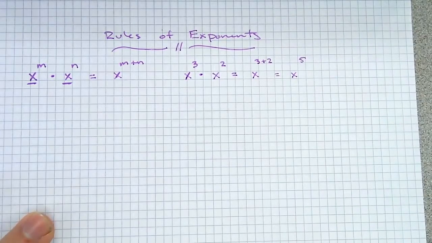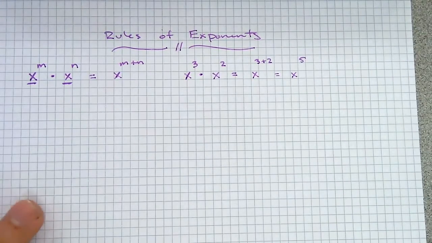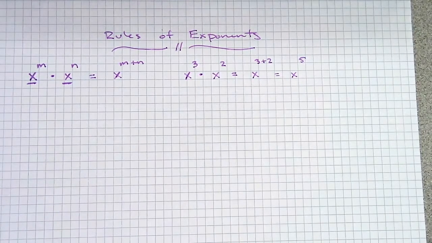Like so. If x to the third times x squared, that gives you x to the fifth.